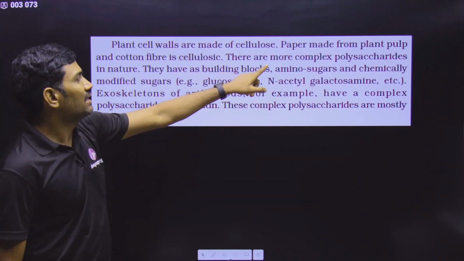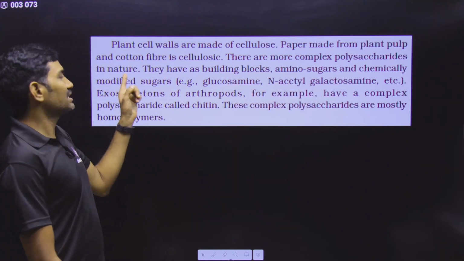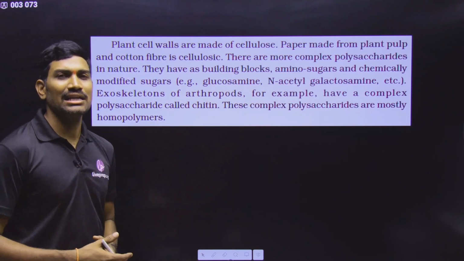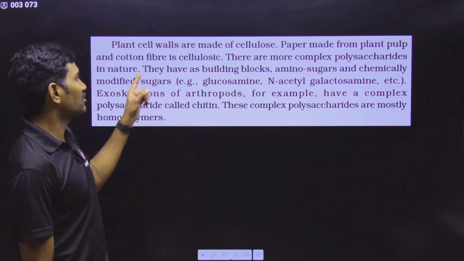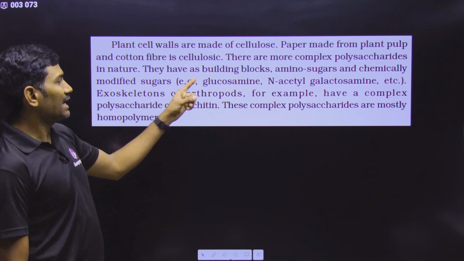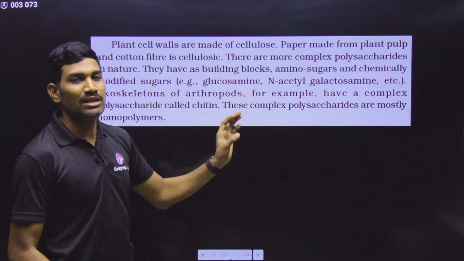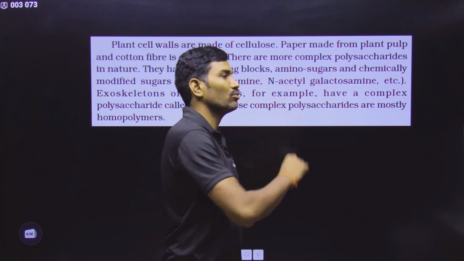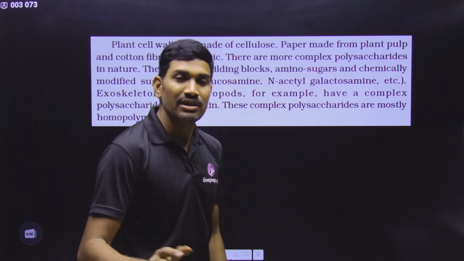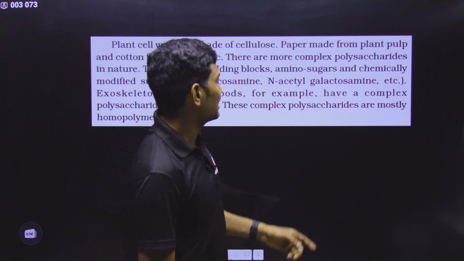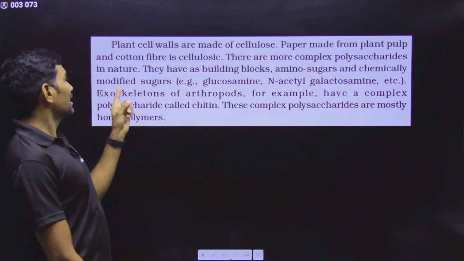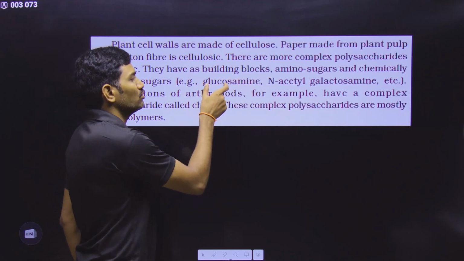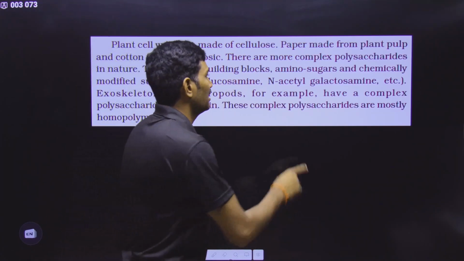Over. Next one. There are more complex polysaccharides in nature. Not only this, in nature, so many different other types of even complex polysaccharides are also present. And as building blocks, what do they have? Amino sugars. That means to the sugar an amino group is attached. And chemically modified sugars, like glucosamine, where to the glucose an amino group is attached.